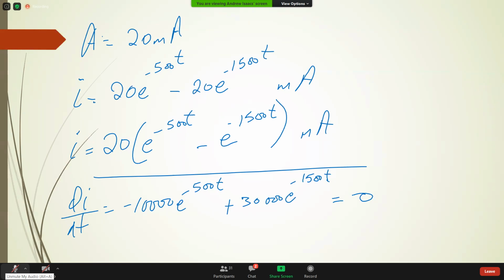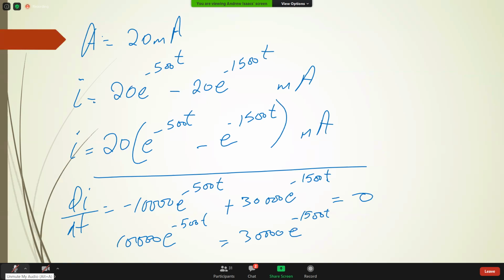So what we have here is 10,000 e to the minus 500t is equal to 30,000 e to the minus 1,500t.